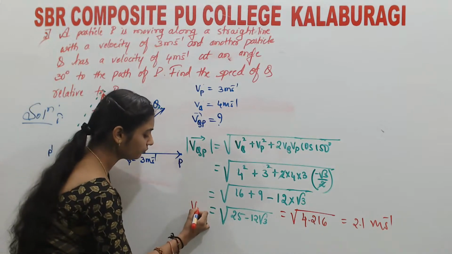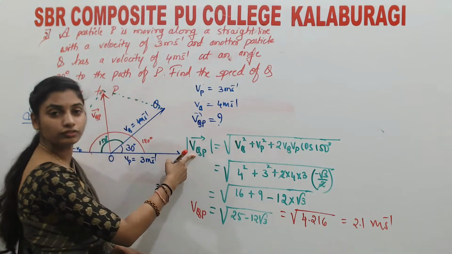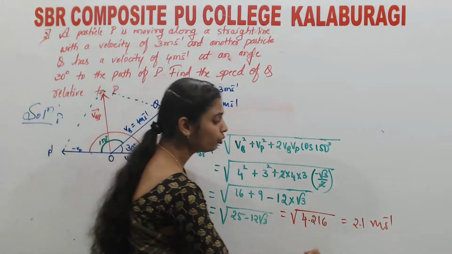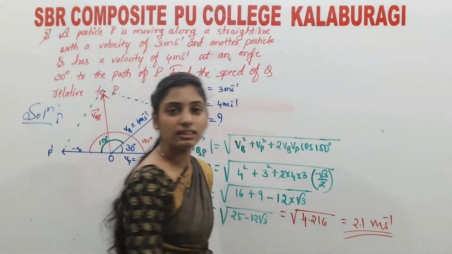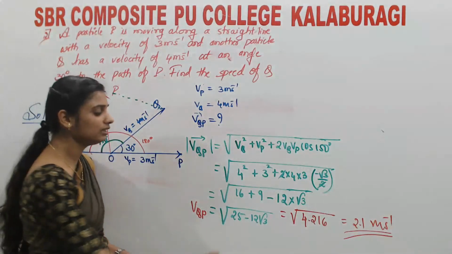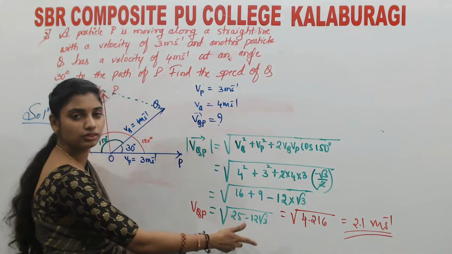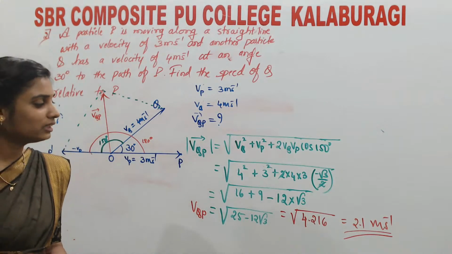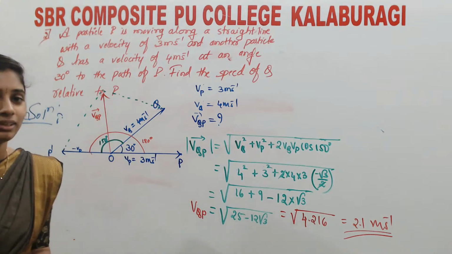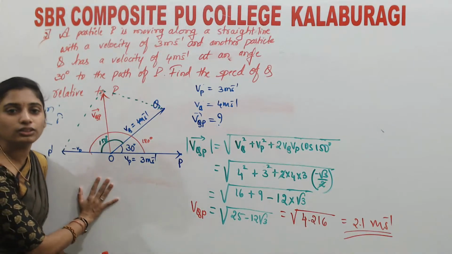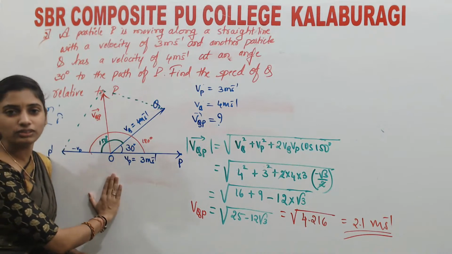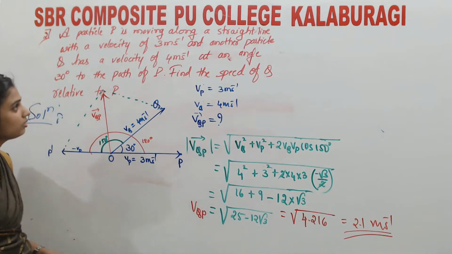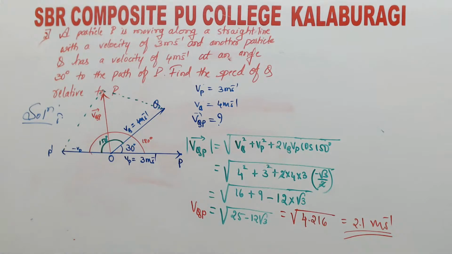So the magnitude of the relative velocity of Q with respect to P is 2.1 meter per second. I hope all of you have got the answer. Go for 12 root 3 and afterwards 25 minus 12 root 3, take the root of 4.216, and you get 2.1 meter per second. This is how you find the relative velocity of one body with respect to another in 2D motion.